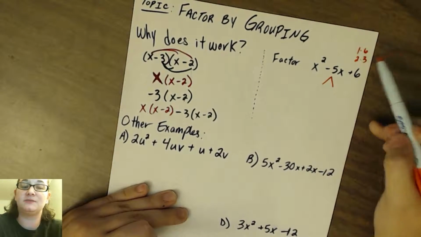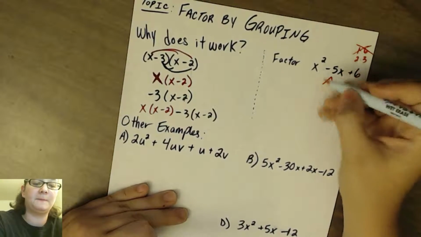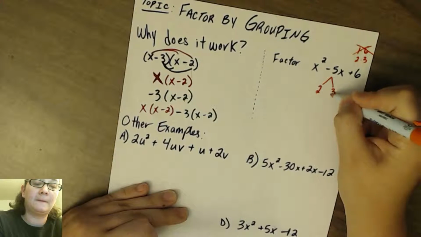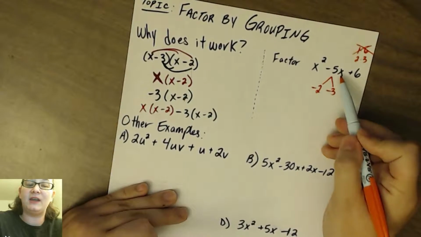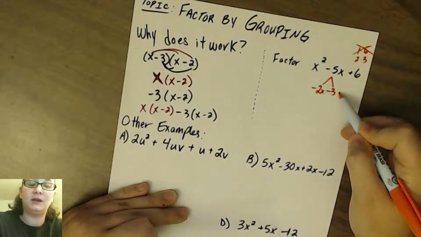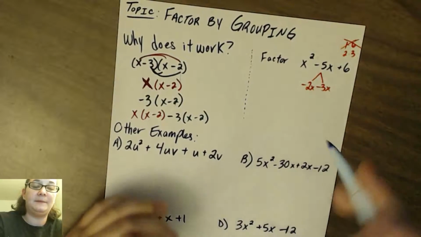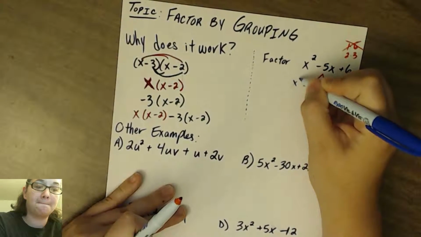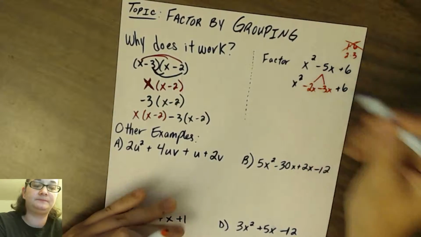And this is positive, so I know I cannot use that. I have to use the 2 and the 3, and they both need to be negative. And they have an x, so they both need to be like that. I'm not changing this x squared, and I'm not changing this 6.